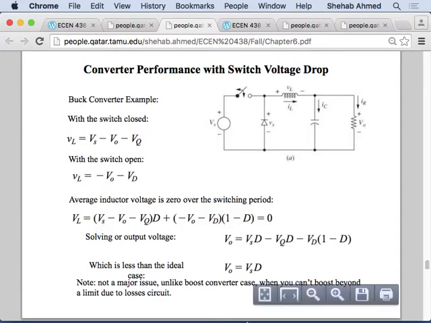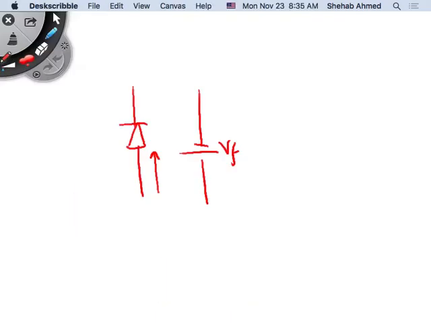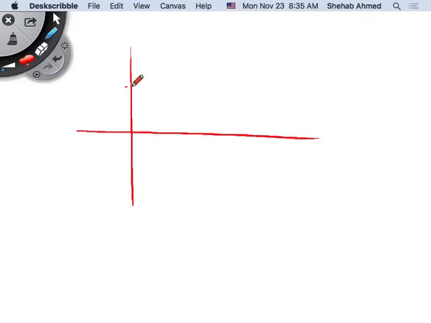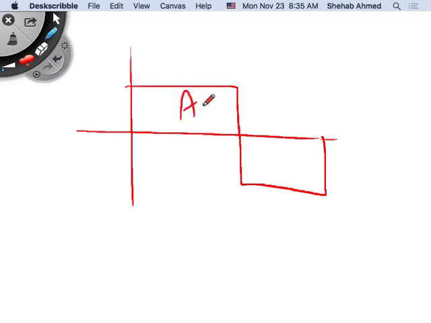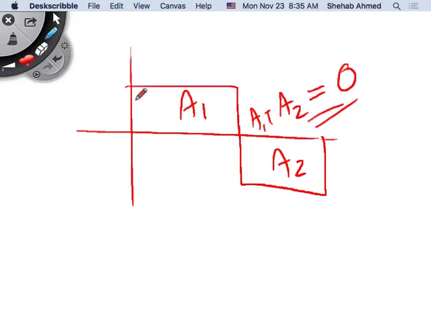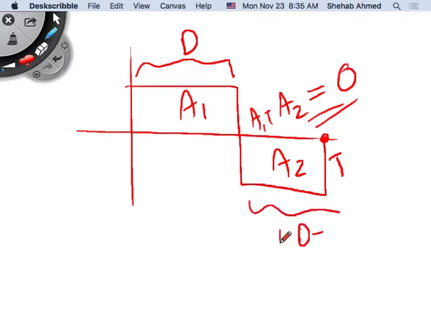This is the voltage across the inductor when the switch is closed, and the voltage across the inductor when the switch is open. This area, A1 plus A2, has to equal 0. This area is when the switch is closed for a period of D of the full period, so D times T. And the other occurs for 1 minus D of the full switching period, right?